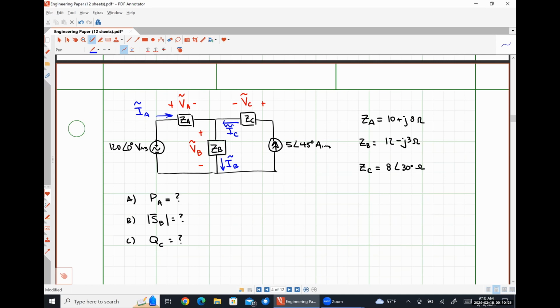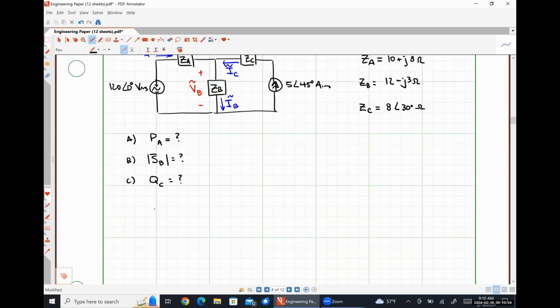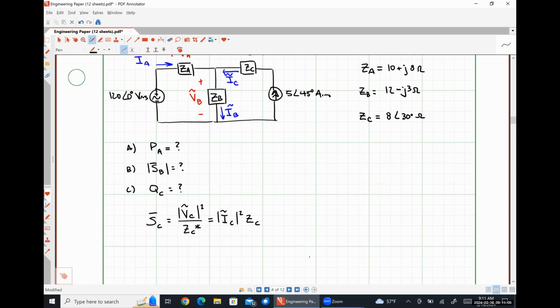Yeah, QC is by far the easiest in this particular circuit, right? So, the complex power SC could be expressed as the magnitude of voltage VC squared over ZC conjugate, or the magnitude of current IC squared times ZC, using our alternative relationships.